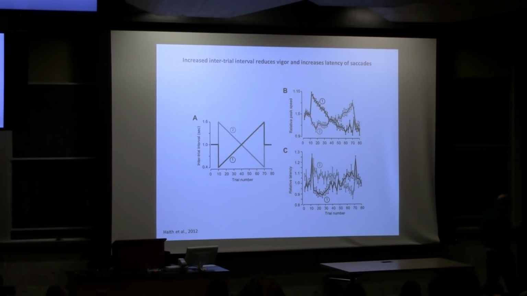So these are some of the manipulations that one can do to affect the utility of movements. Waiting is one of the most powerful ways that you can reduce the utility of their actions. Reward is a way to increase the utility of their actions. Effort is a way to decrease the utility of their actions. These things should influence, based on the theory that we've been talking about, their reaction time as well as their vigor.